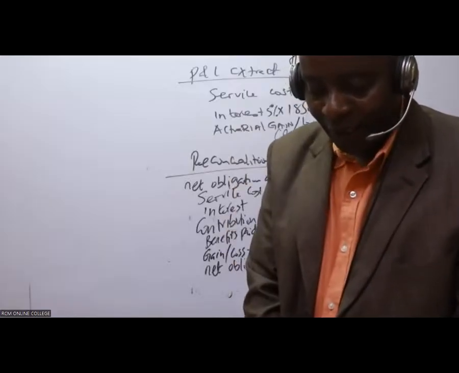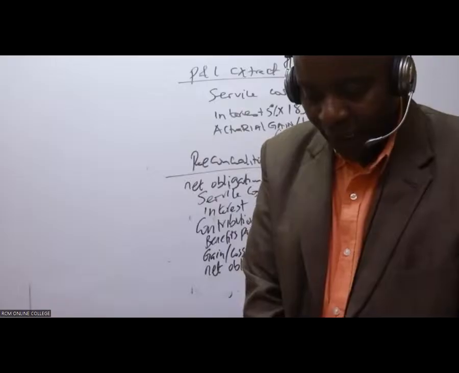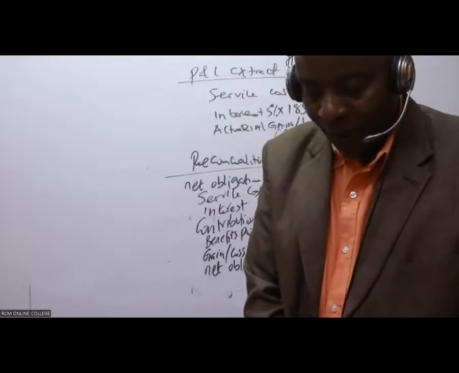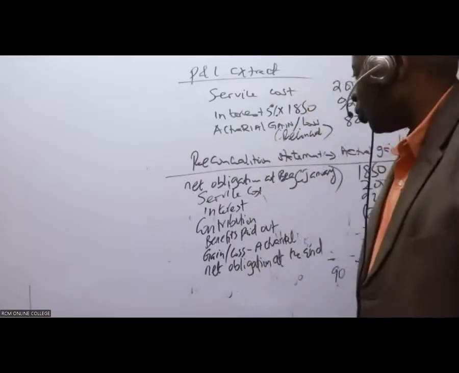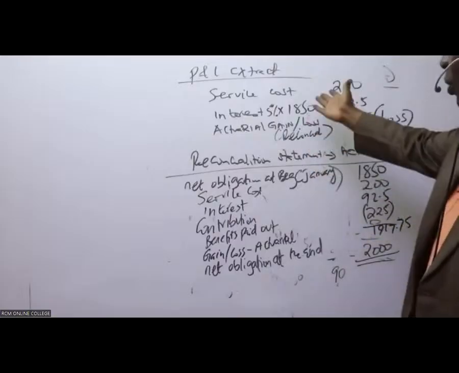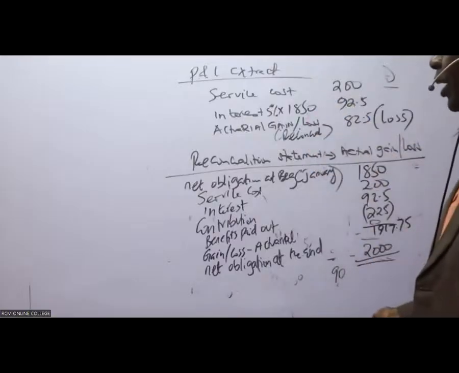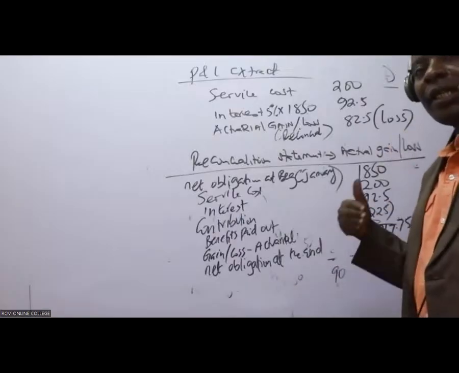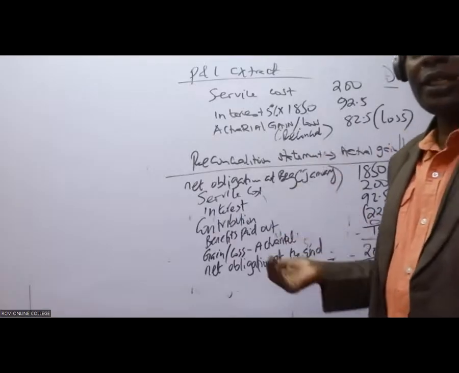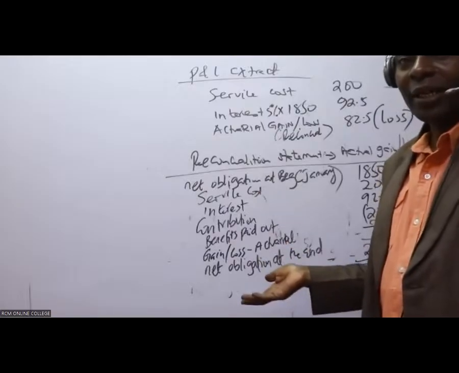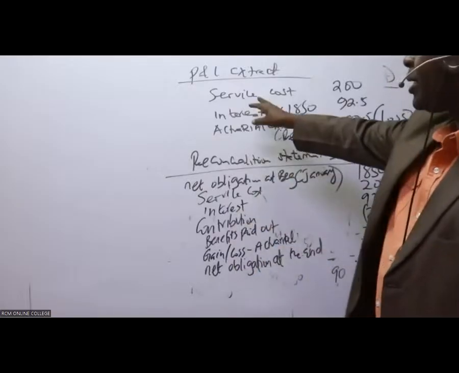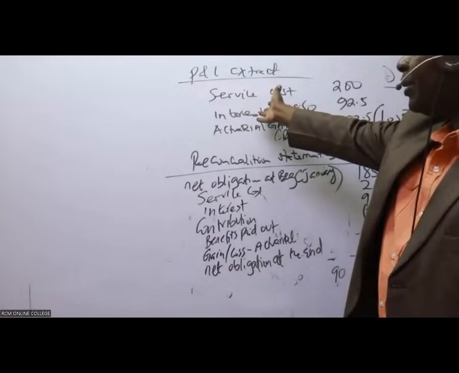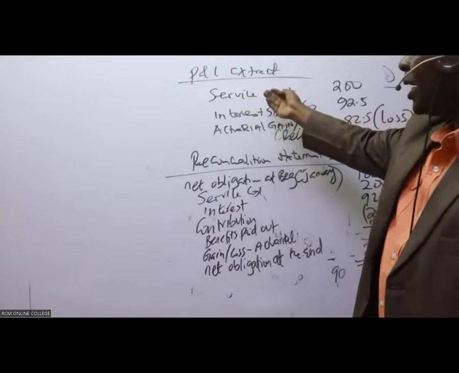The explanation here is that any service cost is increasing the obligation to the plan, and therefore I will debit the P&L. I'll take this to the P&L as an expense.